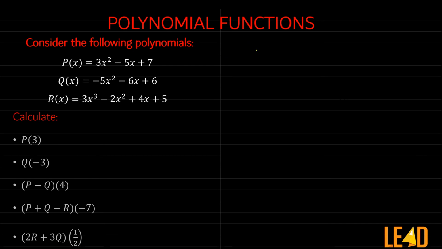Okay, we have p of 3. So let's begin. P of x is equal to 3x squared minus 5x plus 7. And so we are solving for p of 3.